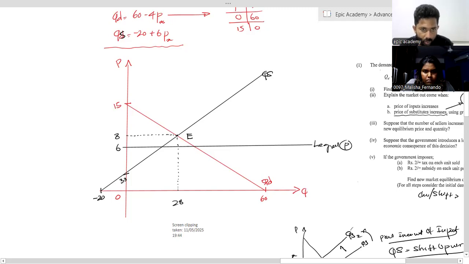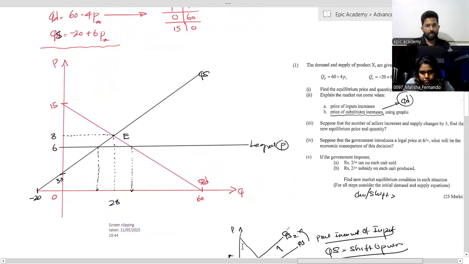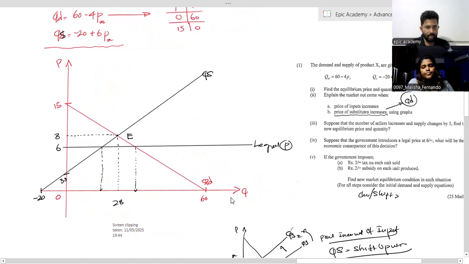Now we have to calculate the quantity demanded after the legal price and the quantity supplied after the legal price. Both. How can you calculate that?